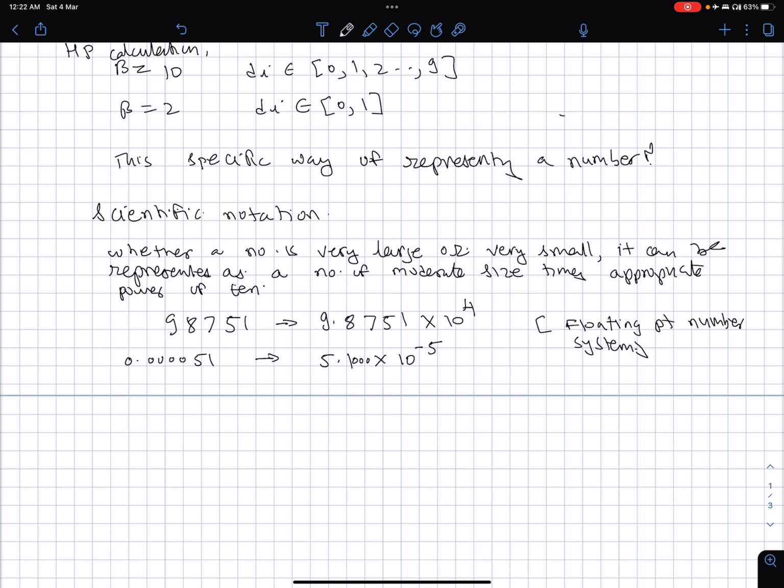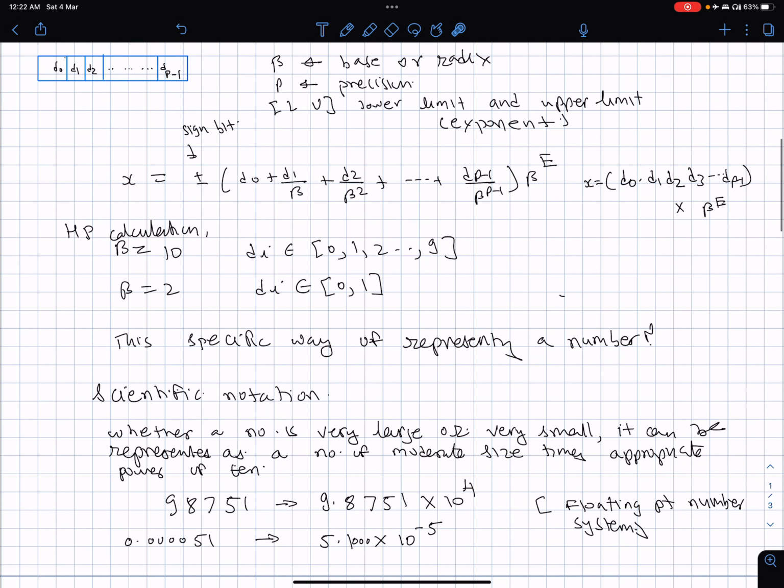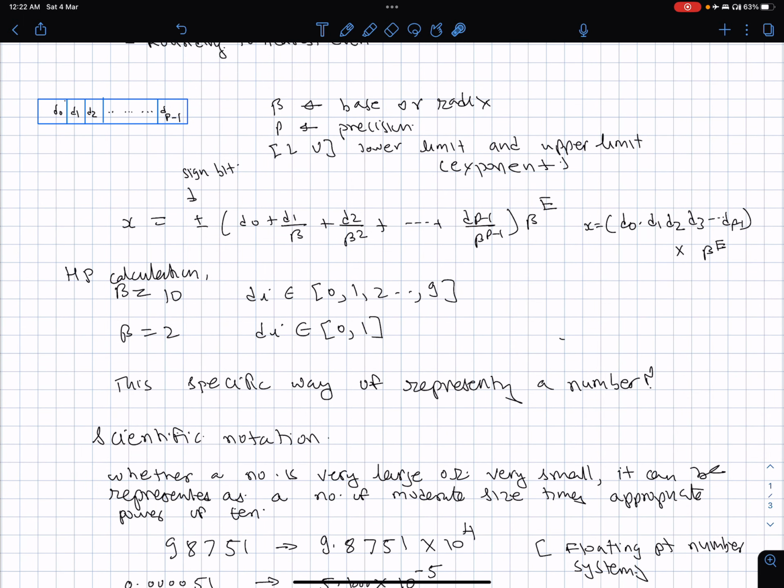Now for the purpose of efficiency and standardization, usually what we will try to do is fix the location of the decimal point. The most common thing to do, as I showed you here, is that the leading digit should be greater than 0. So my number is D0 dot D1, D2, D3 and so on, and D0 should not be 0, unless the number is 0.